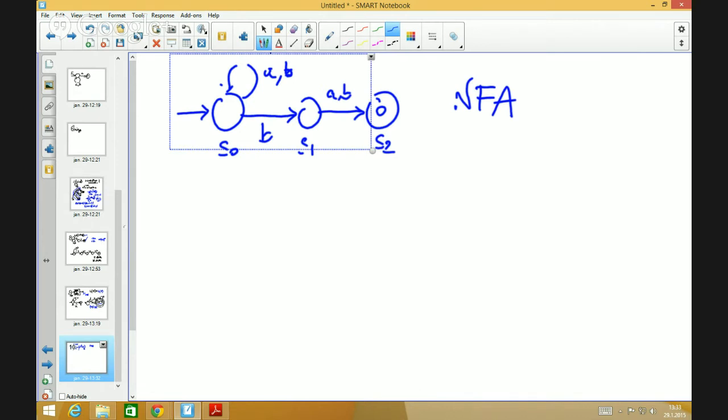So how do I do it? Well, remember, the mantra is: states in the DFA will be subsets of the set of states of the NFA. And the initial state will be the set that only contains the initial state of the NFA. So that's the initial state.